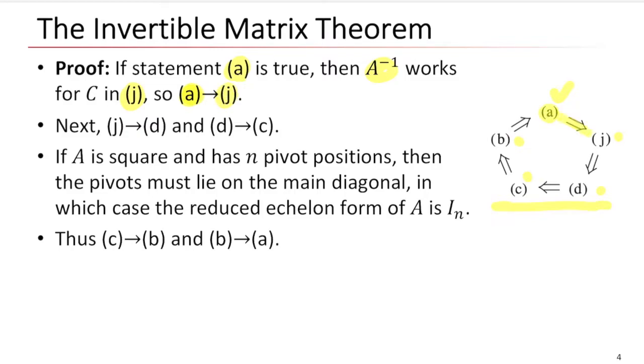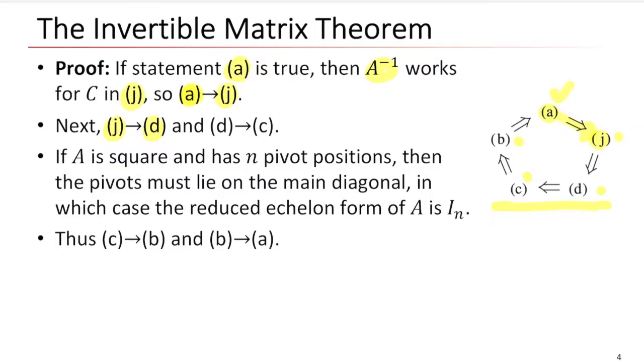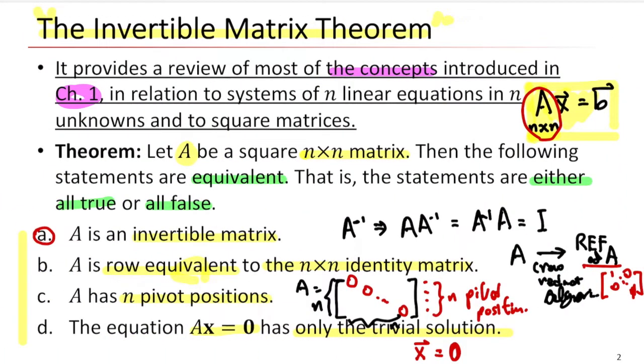First we find the link here. And then if J is true, this is true. Why? This is J: there is the n by n matrix C such that CA equals I. And T is true. Where's that? T. The equation has only the trivial solution.